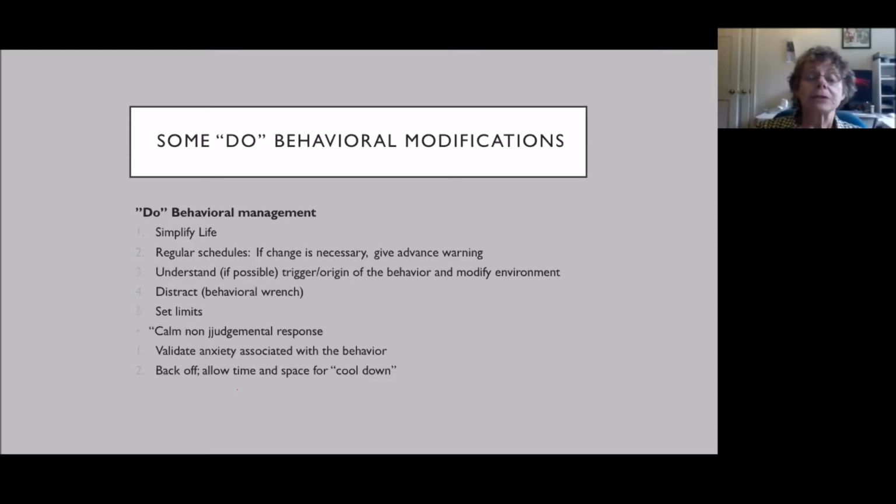If there is anxiety, you know, I get anxious if I don't talk to my husband, I get anxious if I don't play my game, validating the anxiety, showing some understanding of why the behavior is happening, why it's causing them anxiety. You don't validate the behavior, but the anxiety associated with it.